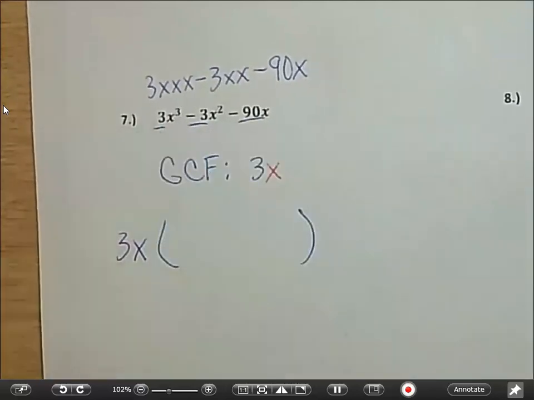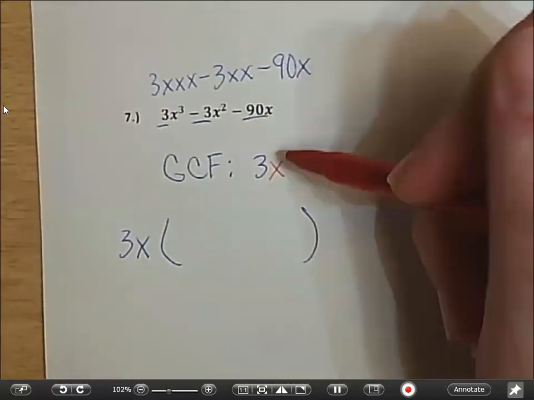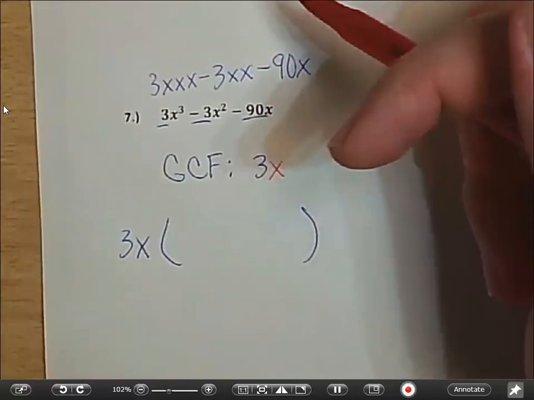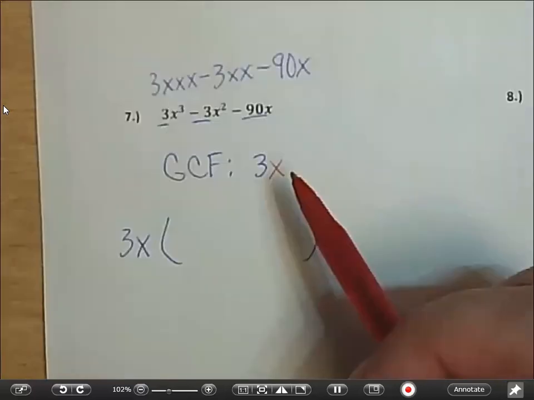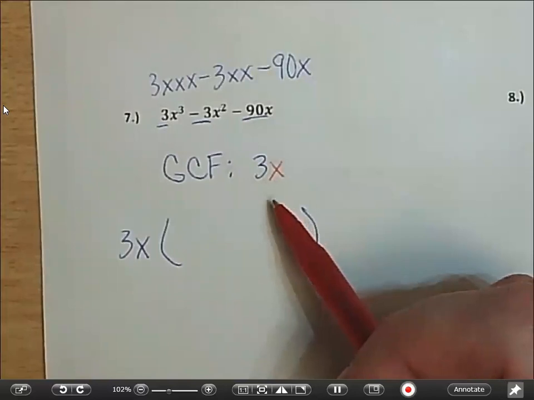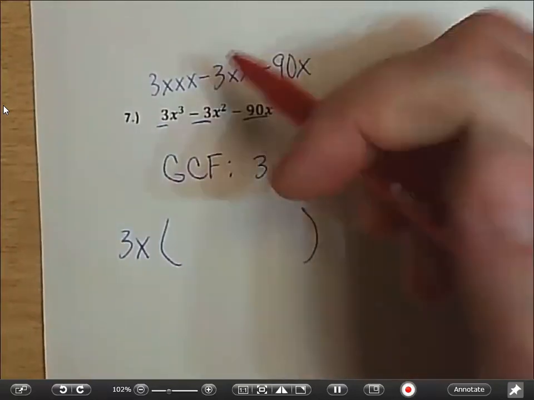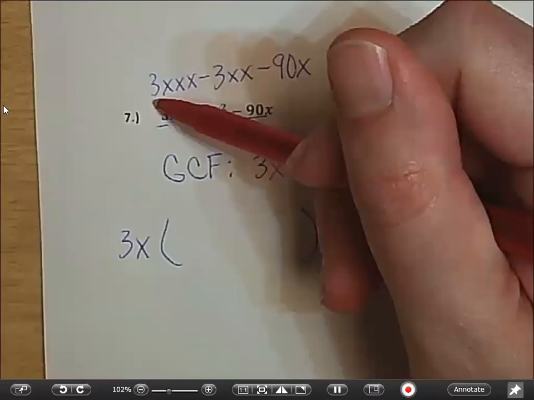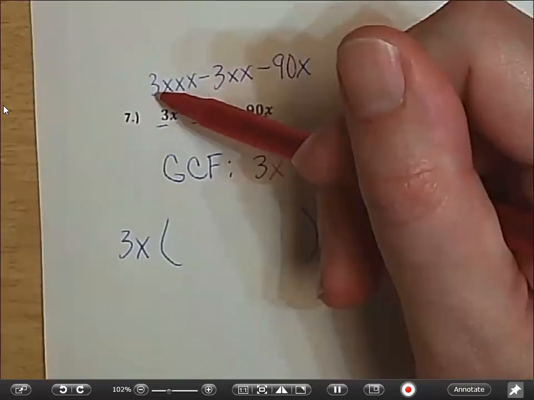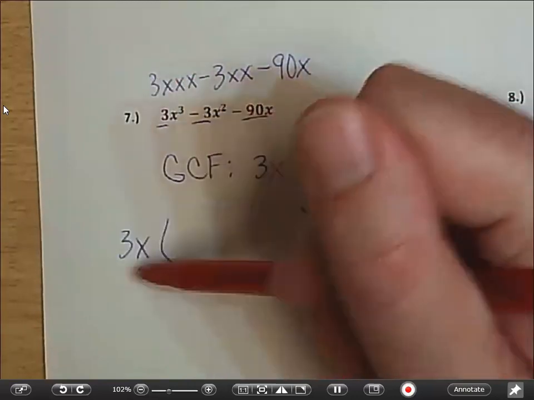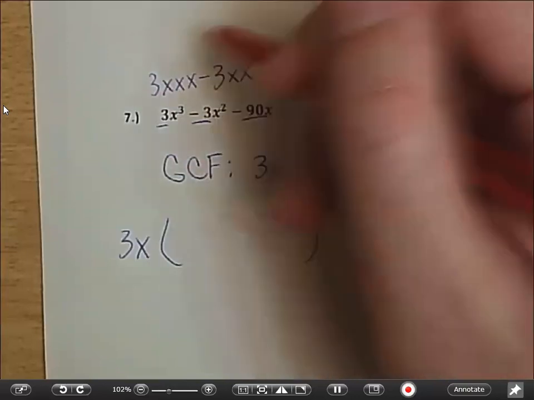But where the tricky part comes in is students might not always feel comfortable dividing with variables. So maybe instead of thinking of it as division, think of it this way. When you have 3 and then x to the third power, and you factor a 3x out, you've dealt with the 3.